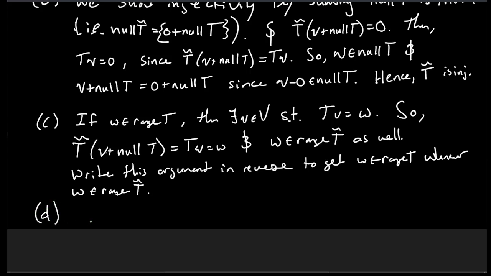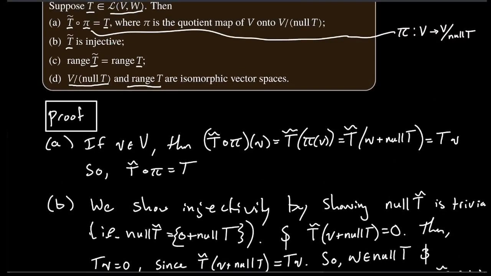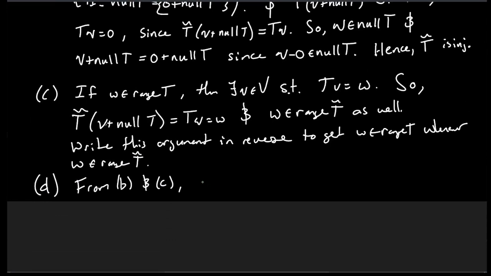D, I hope, is now maybe kind of clear. So from B and C, B and C tell us T tilde is injective, and its range is equal to the range of T. Okay. So, I will write it this way. Well, here, even easier.